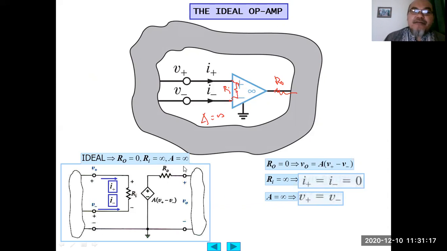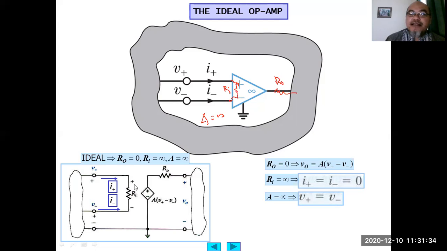When the amplifier gain A is infinity, it will also imply that V plus, the voltage here, will be equal to V minus.